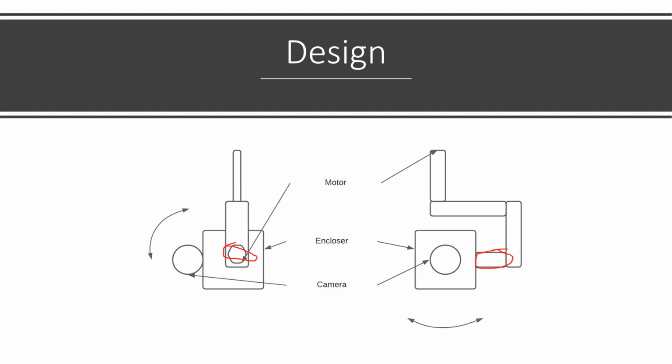This will let us rotate it in this axis, so we can tilt it up and tilt it down, and the other one is connected to this position, and this will allow us to have a rotational motion and give us more field of view of what you want to look at.